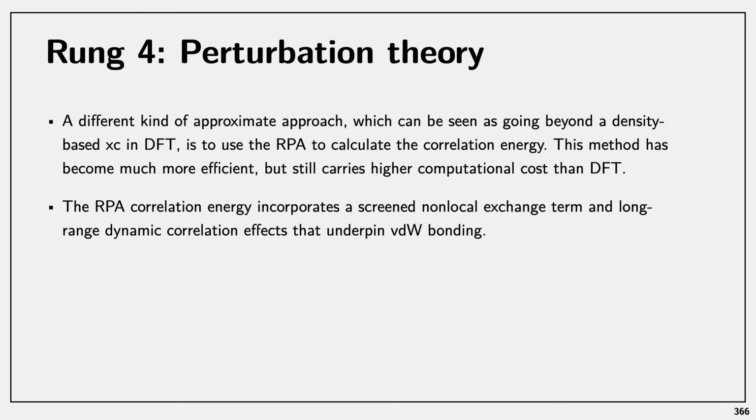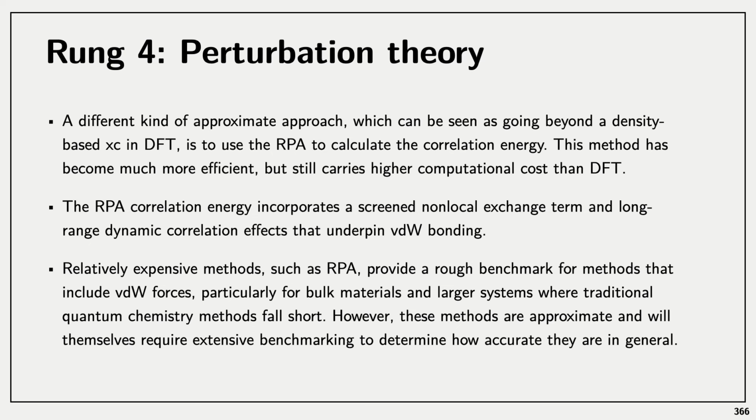It allows to include the screened non-local exchange, the long-term dynamic effect in the screened potential, and that would allow to get some van der Waals bonding included. RPA is extremely expensive compared to everything I mentioned to you before.